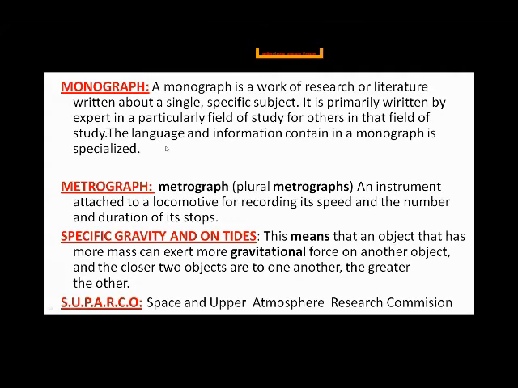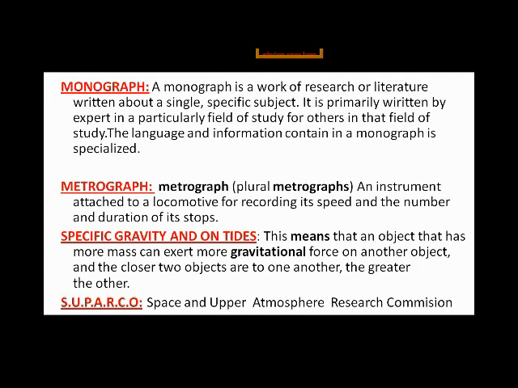Also, we can say the language and information contained in a monograph is specialized. If a person is specialized, it can be explained or described very deeply. Suppose we want to become a doctor, so we get a degree of MBBS. But if we specialize, we become an eye specialist, a heart surgeon, or something else.